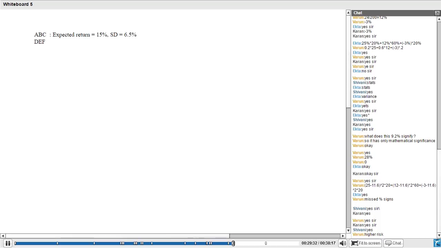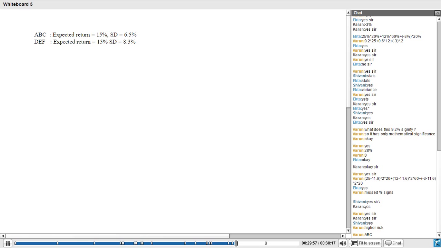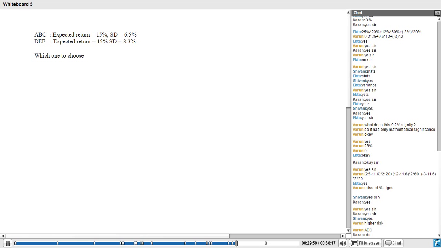In DEF, the expected return is again 15% and the standard deviation is 8.3%. Which one should you choose? Based on standard deviation as a measure of risk, should we choose ABC or DEF? Okay, and why should we choose ABC?